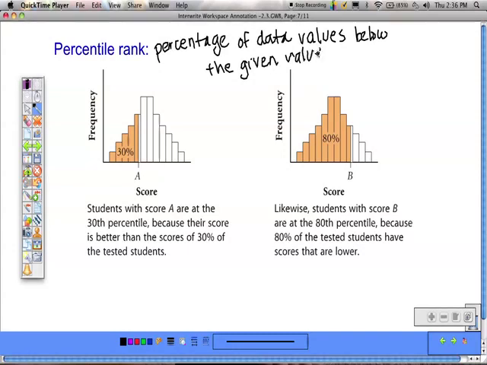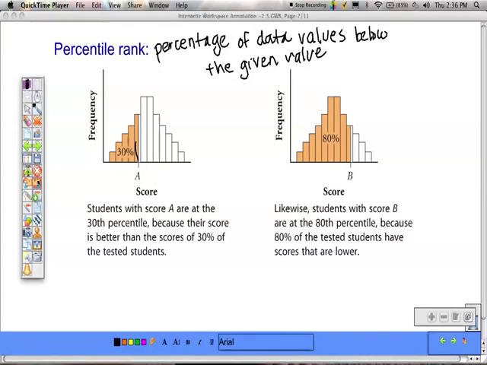So here are 2 examples. Here is a histogram where the frequency is how often it happens. Down here is the score of a certain test. The first example says students with score A are at the 30th percentile. So right here, score A is this line right here. Let me use my line tool.